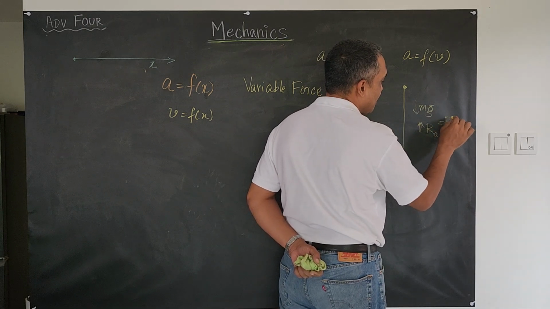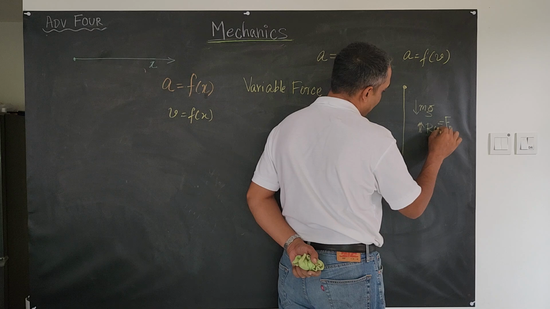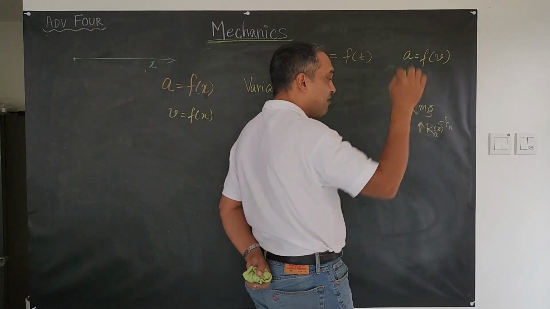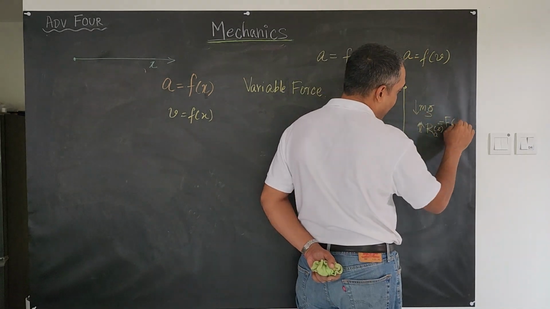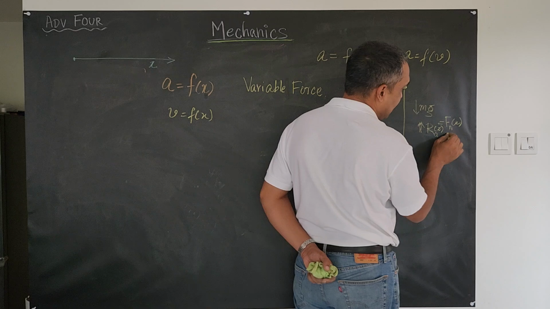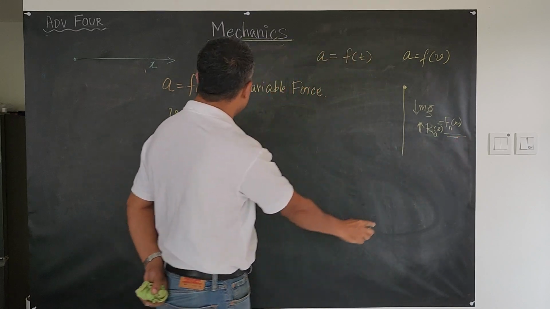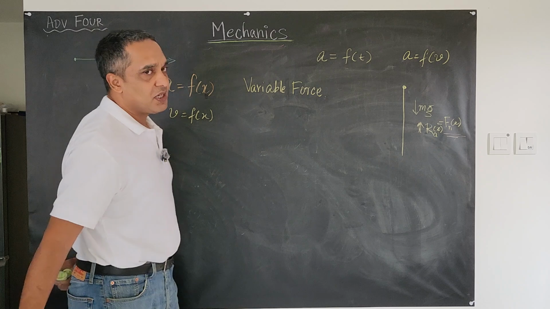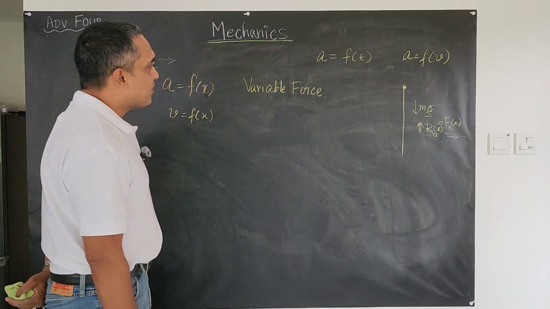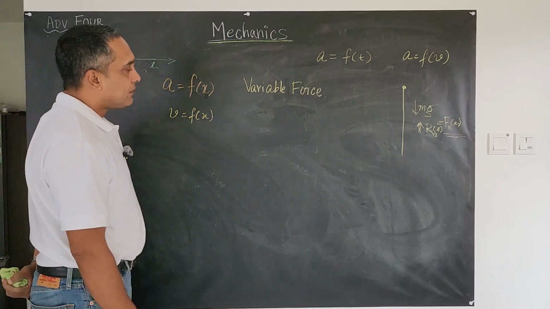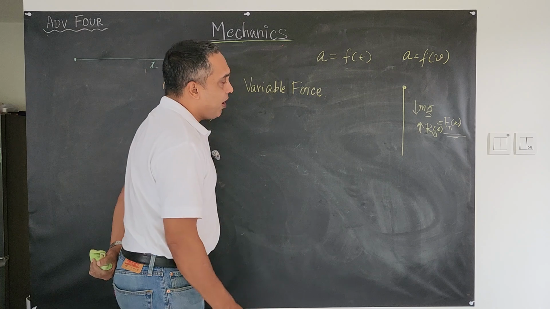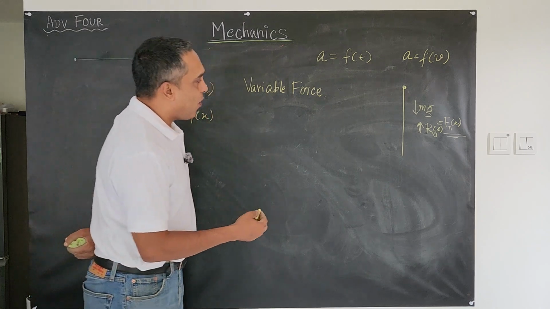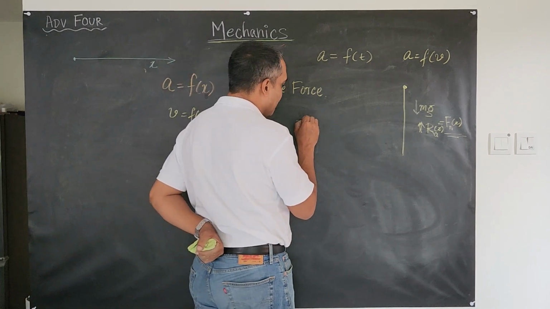It's also a function, usually with respect to displacement. So net force becomes a function of displacement. If net force is a function of displacement, it's similar to acceleration being a function of displacement. How do these problems get treated? When you treat these problems, again, you equate the two sides of what's going on.